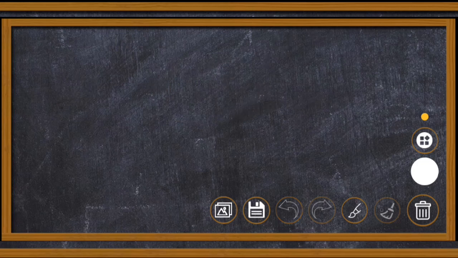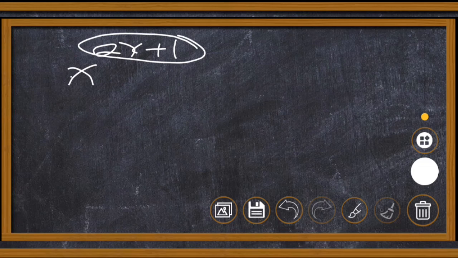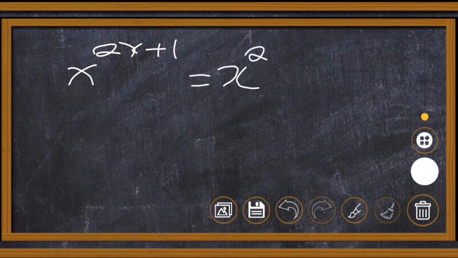Now, having understood that, whenever you have an expression, let's say x power 2x plus 1, what should come to mind is that for us to have this power, it means we were multiplying the same bases. So this is the same as x power 2x multiplied by x power 1.